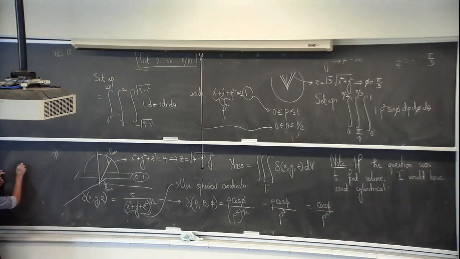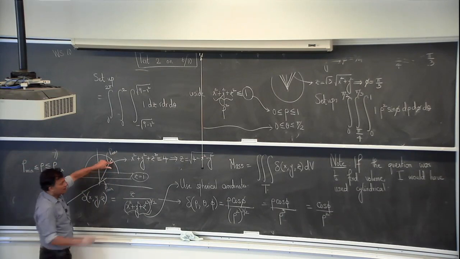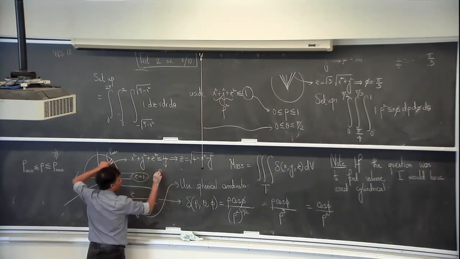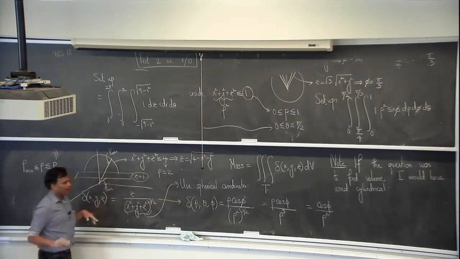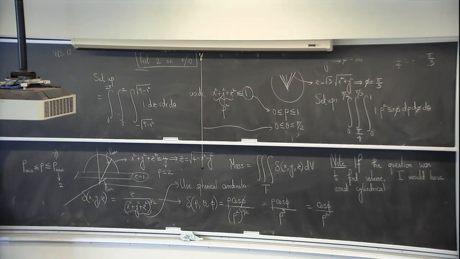So rho min is less than or equal to rho, which is less than or equal to rho max. Rho max is easy. That's sitting on the surface of the sphere. This is rho square equal to 4, so rho equal to 2. So you're going from the nearest thing to the farthest thing. The farthest thing is on the sphere, that is 2.